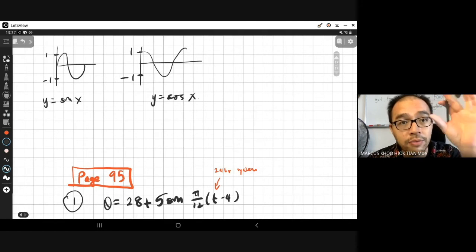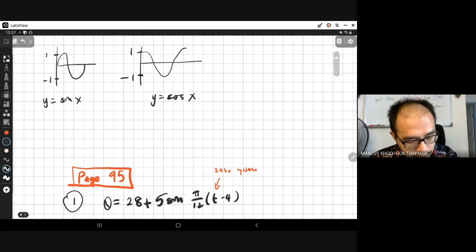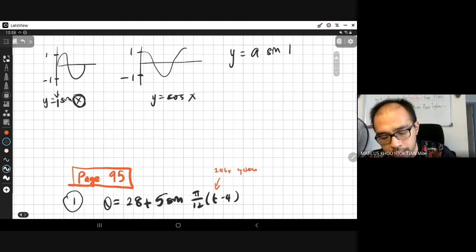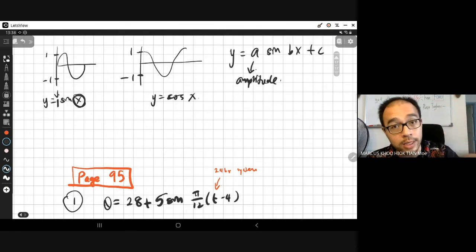This is a very important thing. This is with the assumption that the number in front over here is 1. When we were drawing graphs, remember y equals a sine bx plus c. This number in front here refers to the amplitude, the highest and the lowest number.